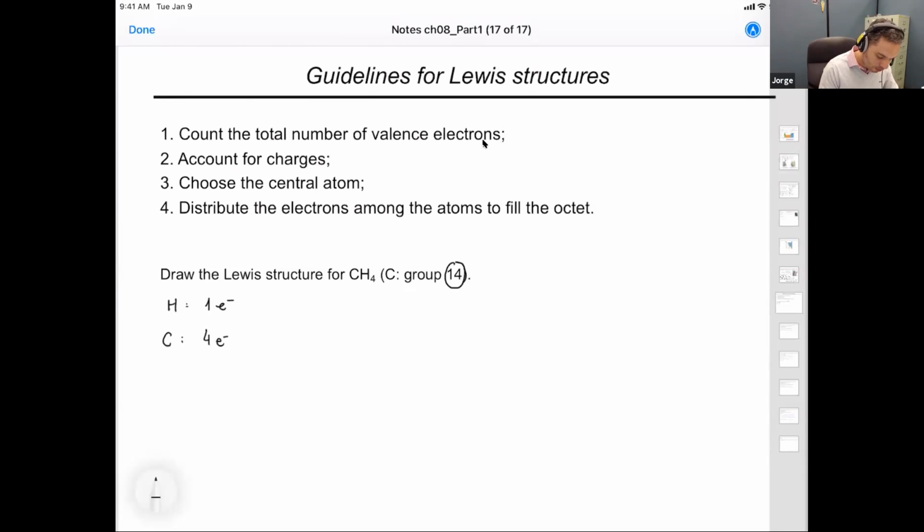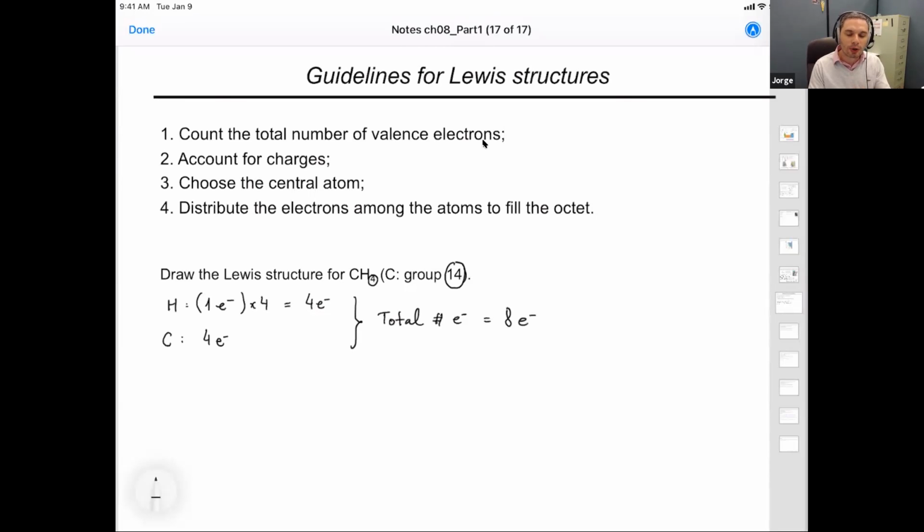For CH4, we have 4 atoms of hydrogen, therefore the total number of electrons for all the hydrogen atoms is going to be 1 times 4, which means 4 electrons. Therefore, the total number of electrons for CH4 is 8 electrons. That's the total number of valence electrons for this molecule.